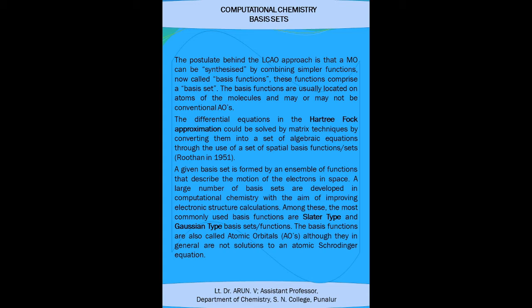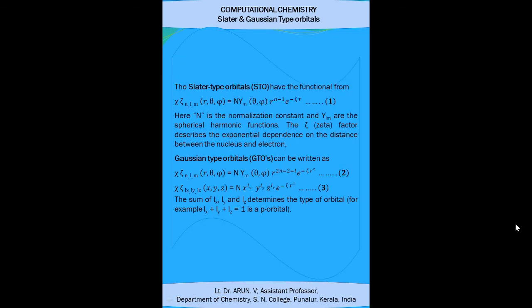Among these, the most commonly used basis functions are Slater type and Gaussian type basis functions or basis sets. The basis functions are also called atomic orbitals, although they in general are not solutions to an atomic Schrodinger equation.